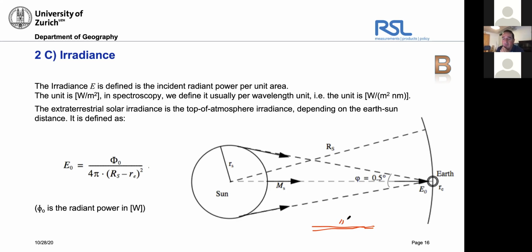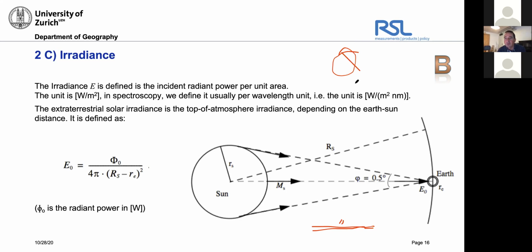And this means if you do the modeling on Earth, we have to think in parallel irradiance situations. So don't draw the sun like that.